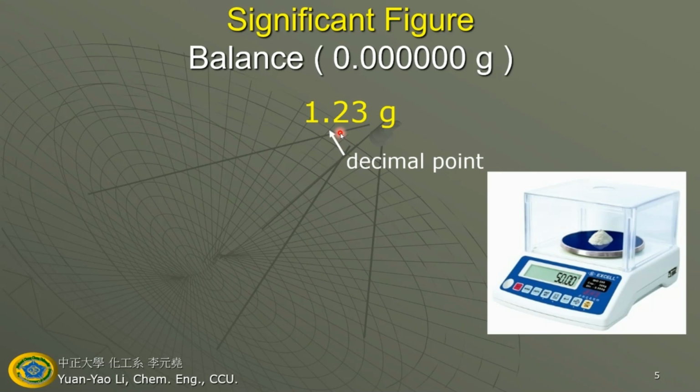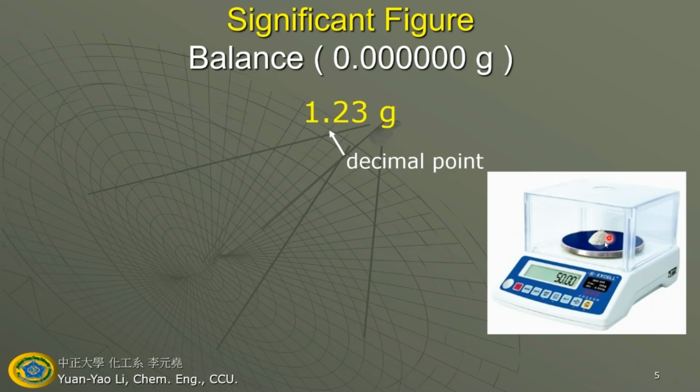On the right side of the decimal point there are 2 digits. So the smallest weight you can get is given by the 2 digits to the right of the decimal point, right?